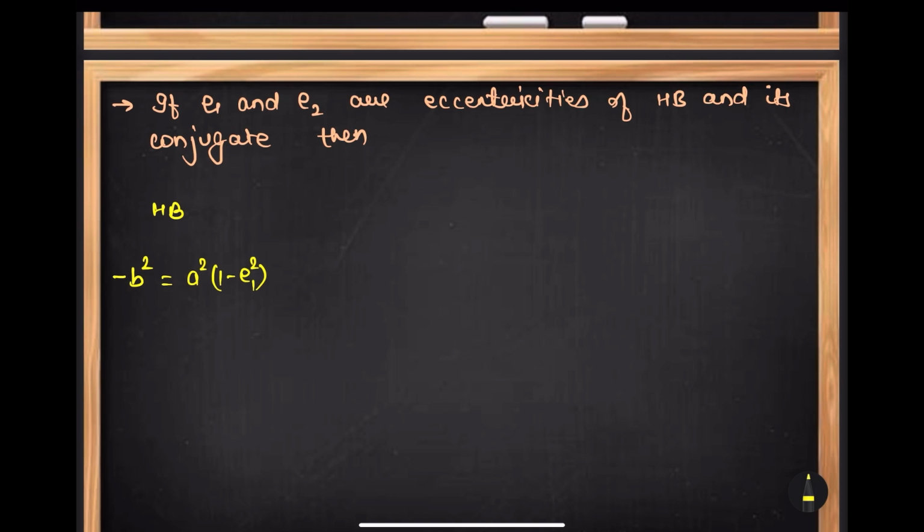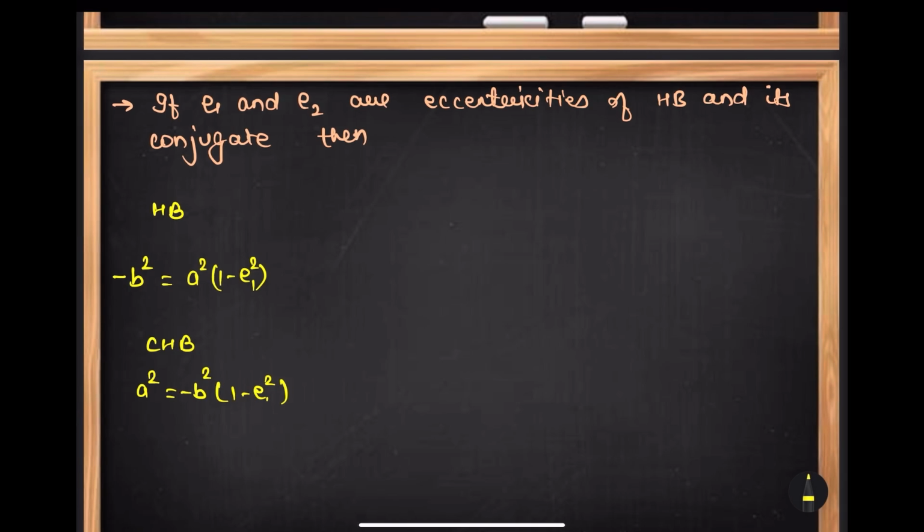Okay, now I'll go with the conjugate hyperbola. You know that again the conjugate hyperbola is derived from the vertical ellipse. So 1 minus e square for sure, and in vertical ellipse b square is bigger, so b will go inside. But you are talking about hyperbola, not ellipse, so you have to replace b square with minus b square.